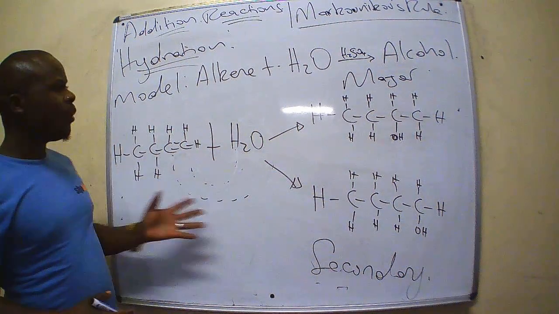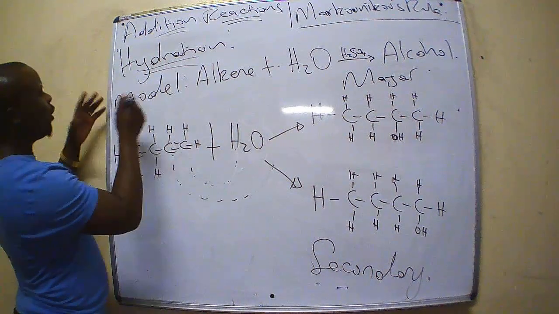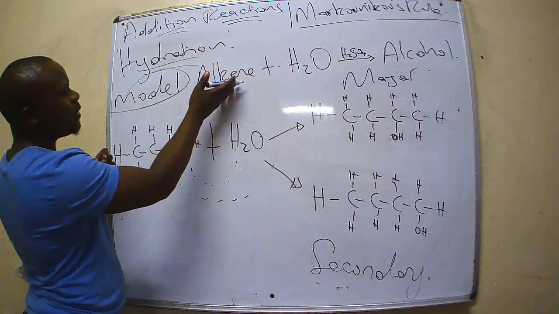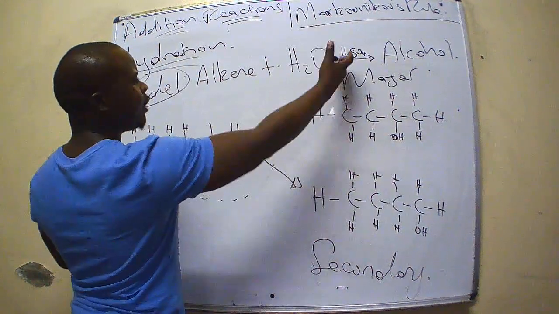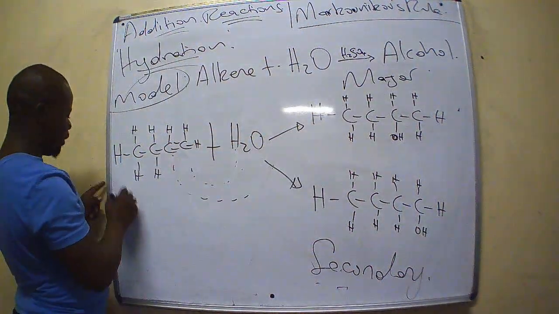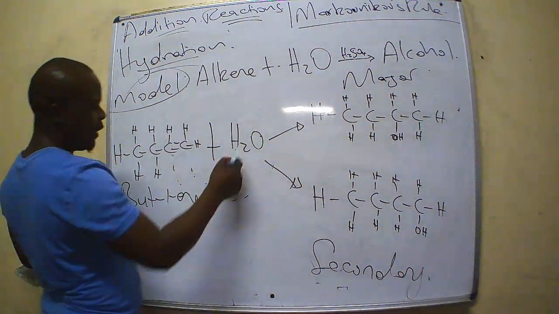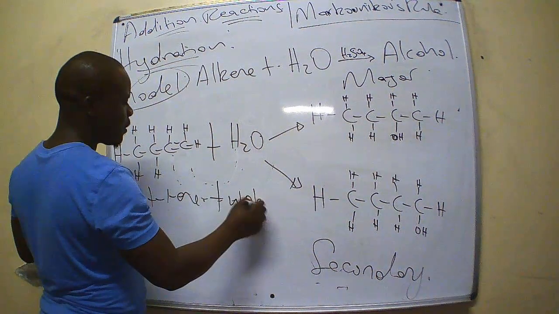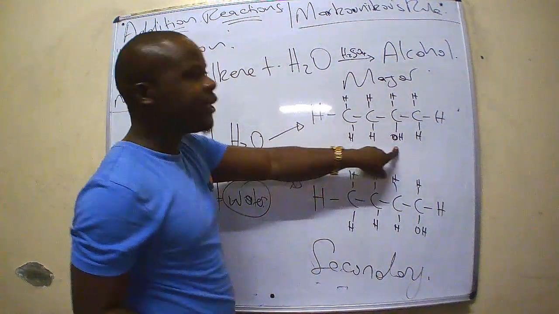So in a nutshell, in summary, what are we saying here? We are saying the model for this is that alkenes must react with water. The catalyst is H2SO4. What we make is an alcohol. So this our butene 1 reacts with water. When it reacts with water, we have this major product.